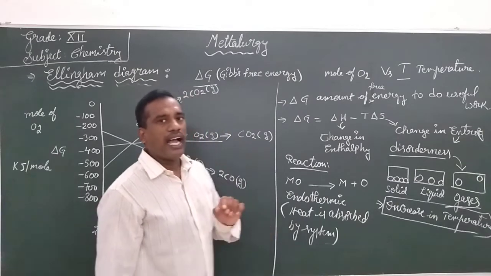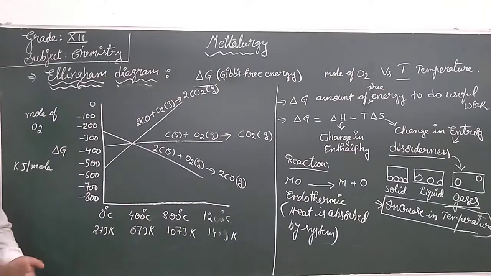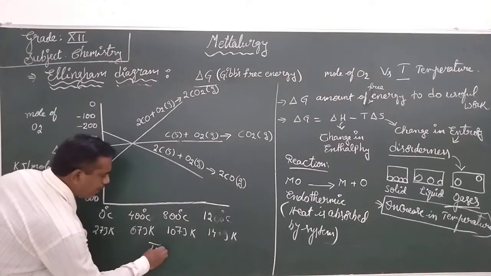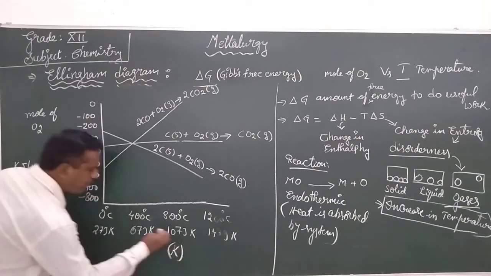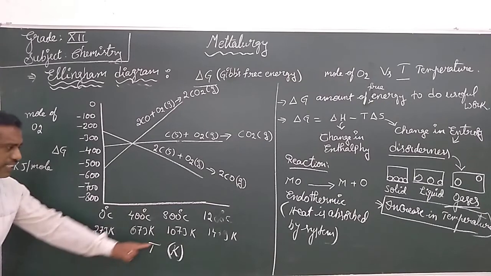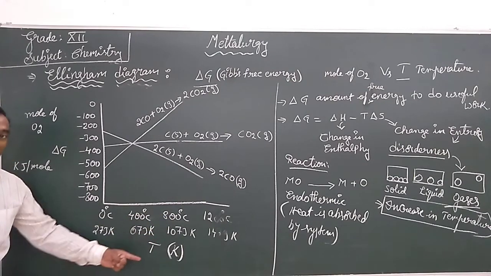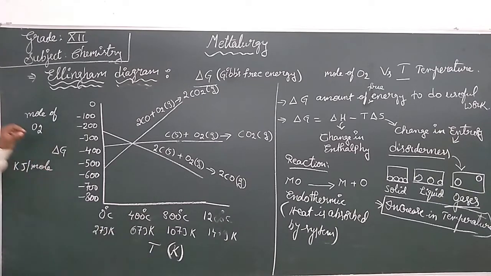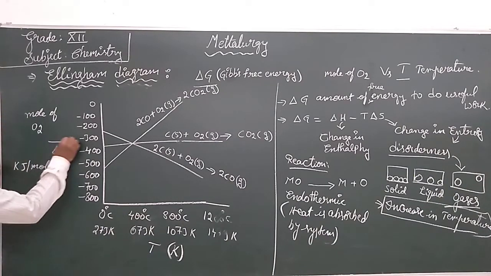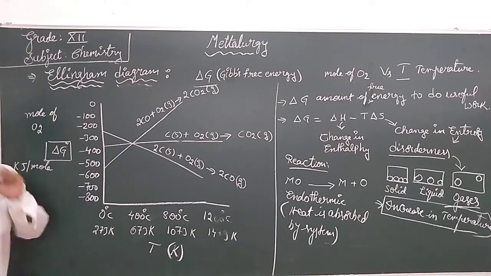We have a curve here indicating two axes. One axis is temperature, expressed in Kelvin. In the Ellingham diagram, the x-axis has temperature expressed in Kelvin, and the other axis is delta G naught, that is Gibbs free energy in the standard state.